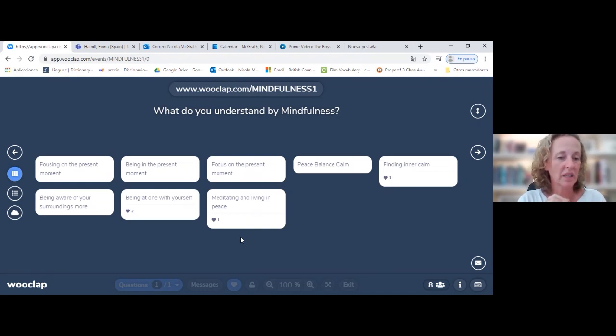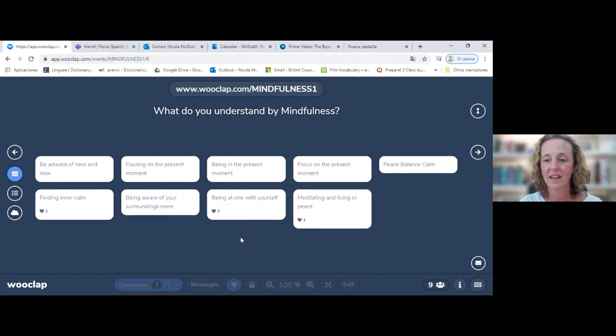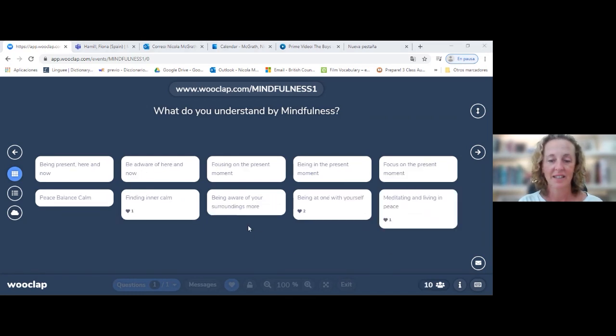Being aware of your surroundings more. Excellent. It seems these are all very much in line with what mindfulness is. Being aware of the here and now. Fantastic. So it looks like everybody that's participated there has a pretty good idea about what mindfulness is.